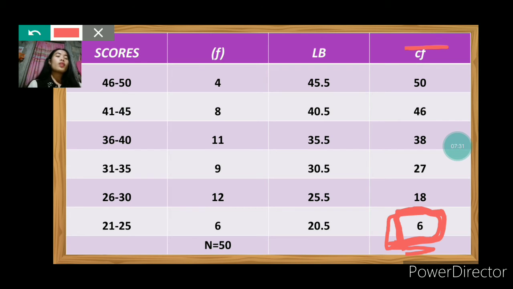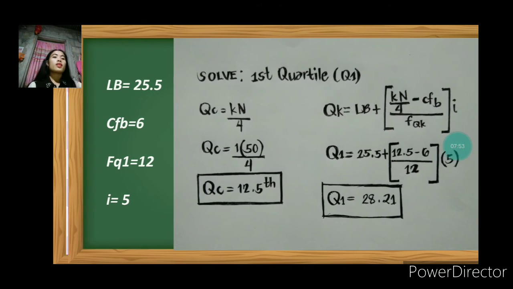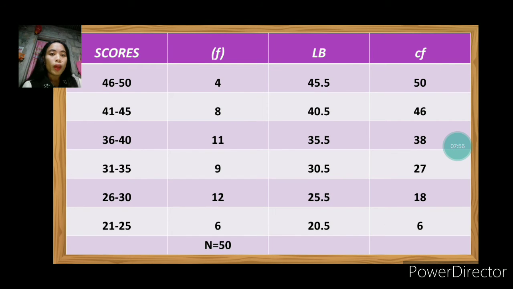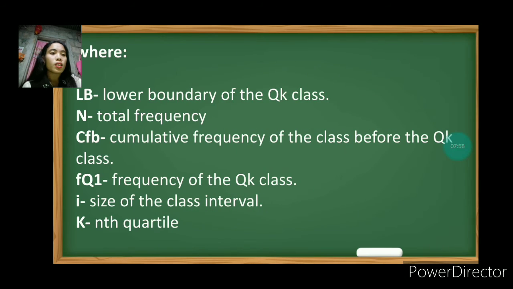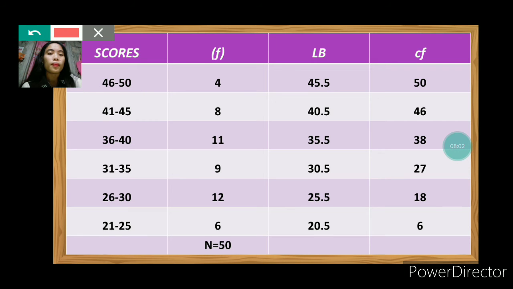If 1 to 6 belong here, that means 7 to 18 is here. And our position is 12.5, so that's why we will use this row.